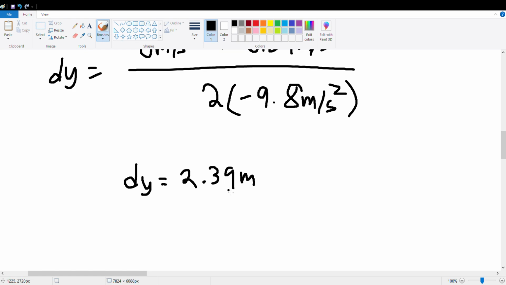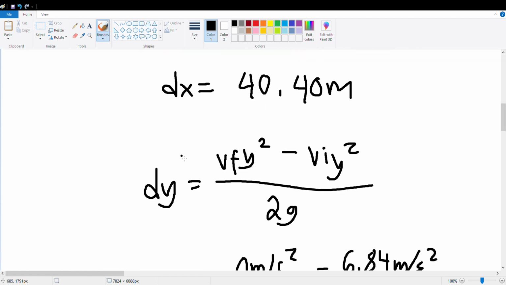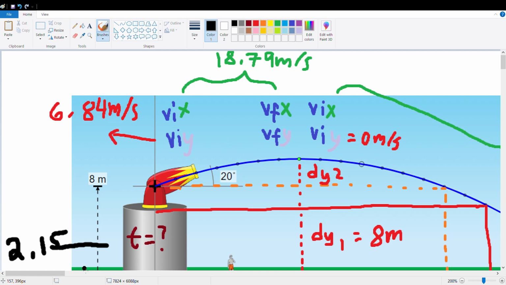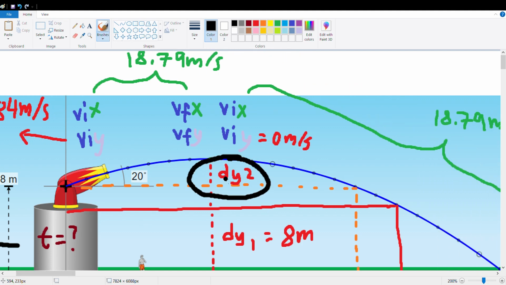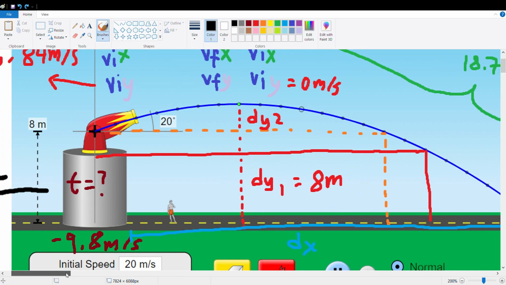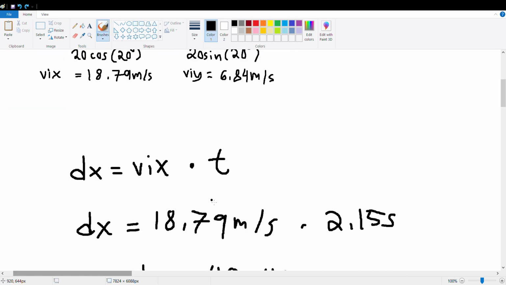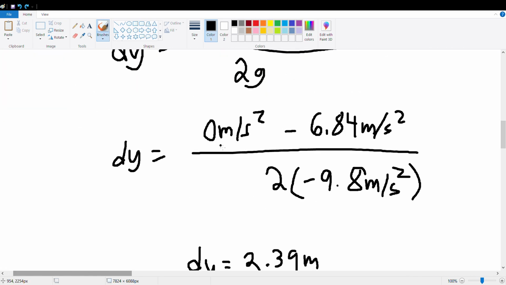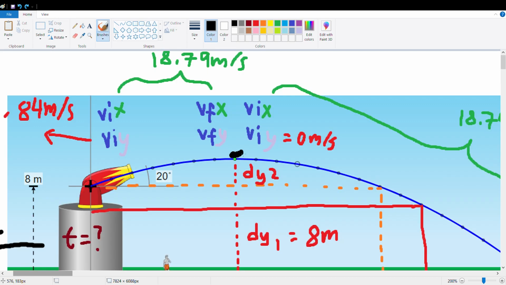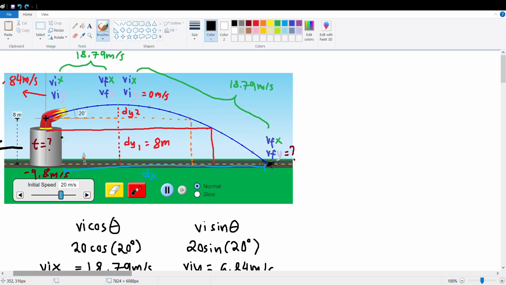Now wait, how is dy 2.39? What we just solved actually is this part, this dy, because we were already given dy1 here from the ground to the building. So this equation basically means that vfy, which is this one, the peak here is 0, minus the viy squared, which is here.